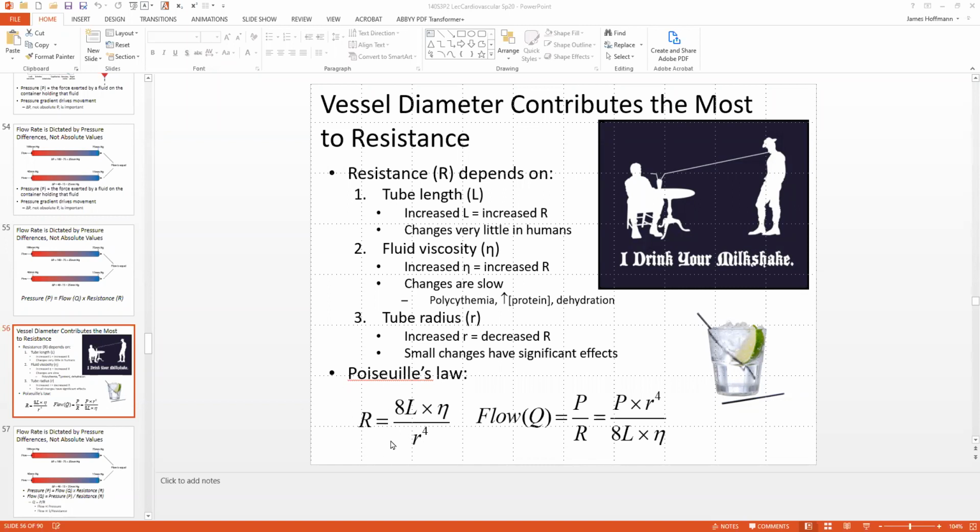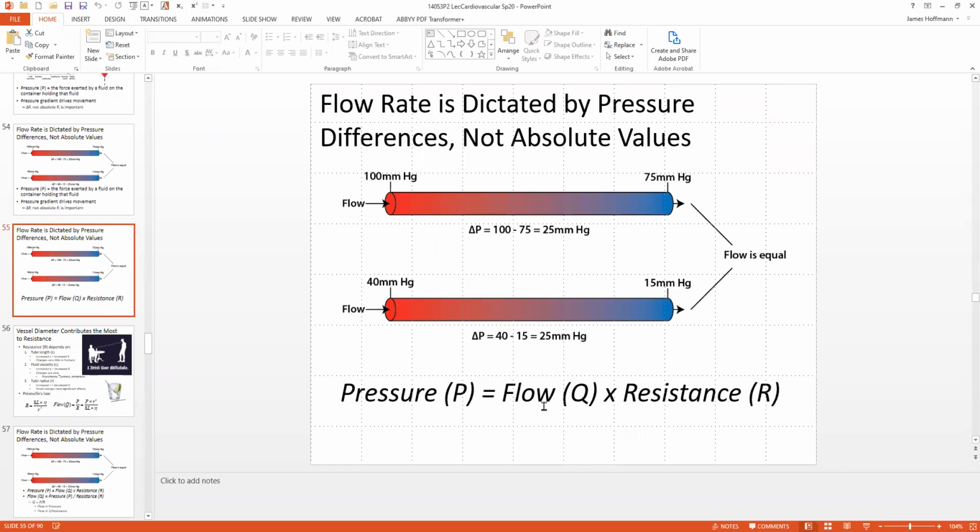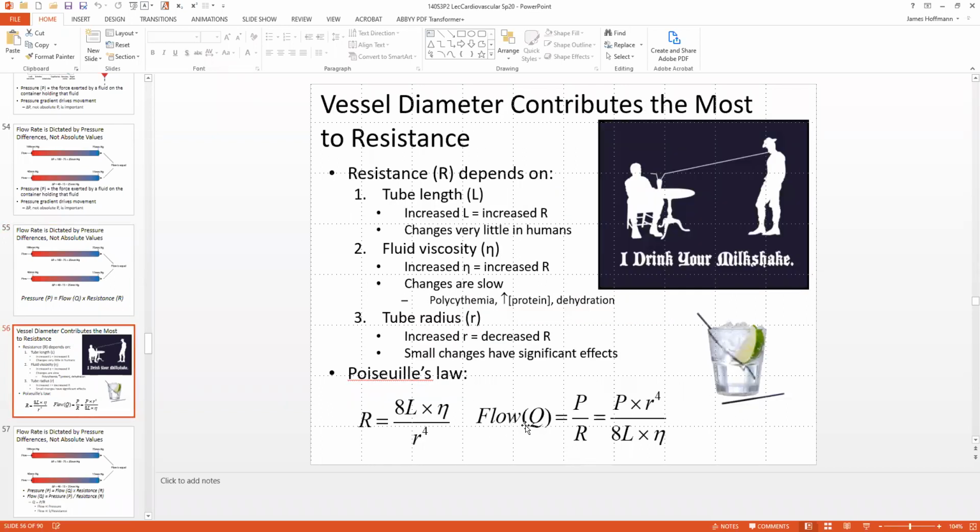Once we know Poiseuille's law, we can take the flow equation, pressure equals flow times resistance, isolate flow on one side by dividing both sides by resistance, and we get flow, Q, equals P over R. Since I have pressure on the top and resistance on the bottom, flow is inversely proportional to resistance. If I increase resistance, flow goes down. If I decrease resistance, flow goes up. For pressure and flow, they're directly correlated. If I increase the pressure difference, flow goes up, and if I decrease it, flow goes down.